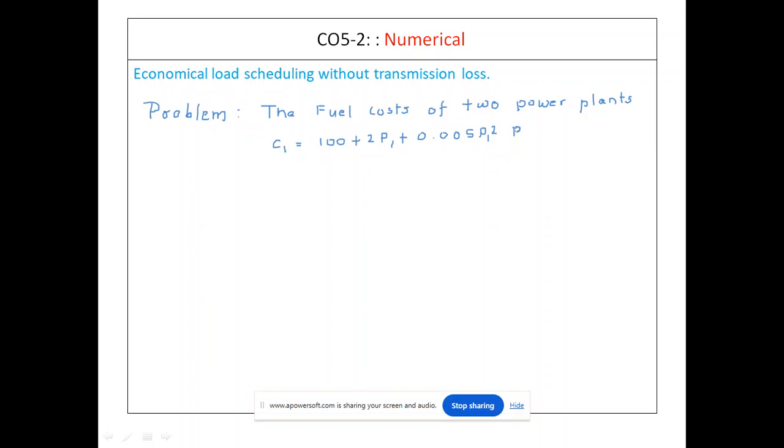This is in rupees per hour, and another fuel cost is given as C2 equal to 200 plus 2 P2 plus 0.01 P2 square. It is also rupees per hour.